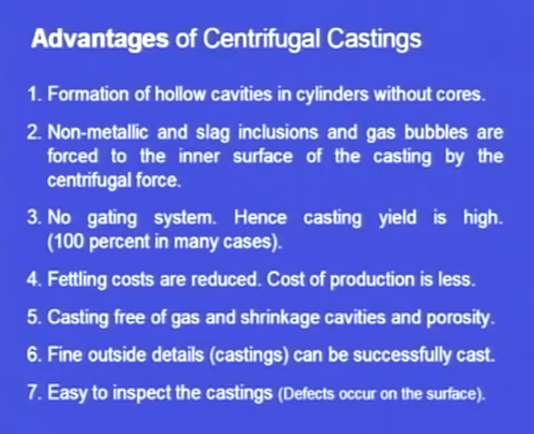And the second advantage is the elimination of slags and impurities. In the case of the conventional casting process, we make the cavity and we pour the molten metal. The molten metal is tapped from a furnace, and inside the furnace there is every chance that the molten metal may be mixed with slag and other impurities.